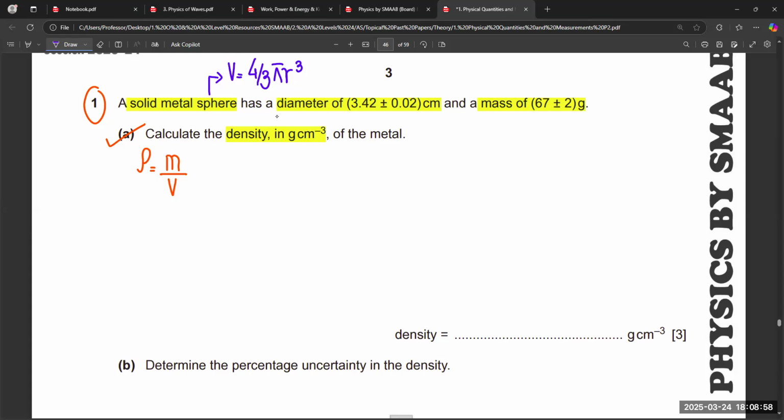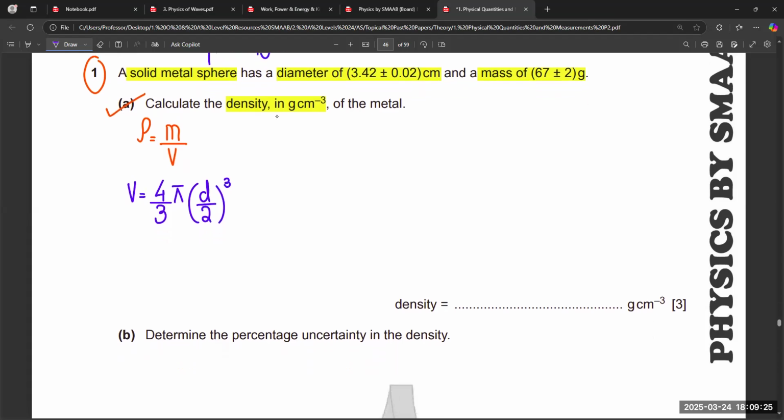And we can use this value of the volume in our calculation. So first of all, we find the volume: 4 over 3 pi r cube. R means radius, and radius is equal to half of the diameter.